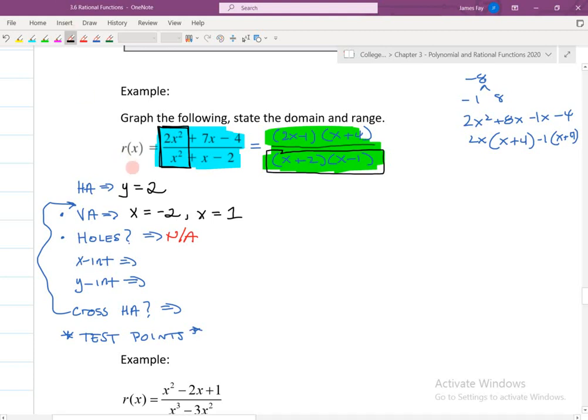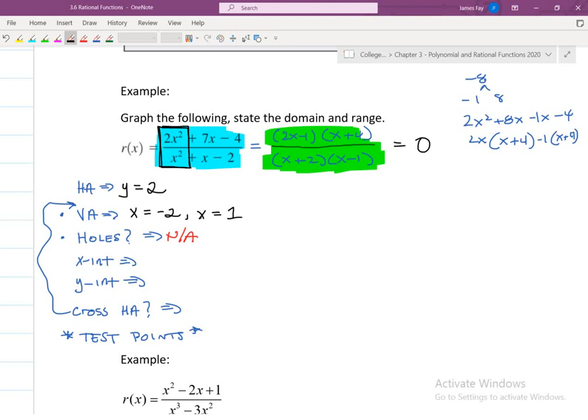X-intercepts. Going back to algebra 1, what is the y coordinate for every x-intercept? 0. So what we basically do is we take this factored version and set it equal to 0, because an x-intercept is where y is equal to 0. How would you solve that equation?